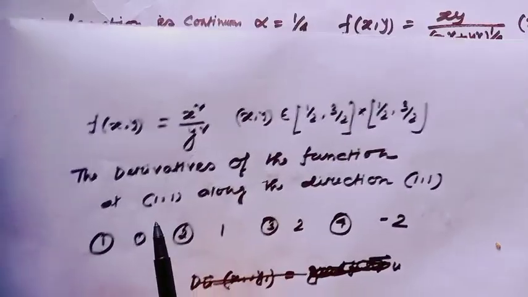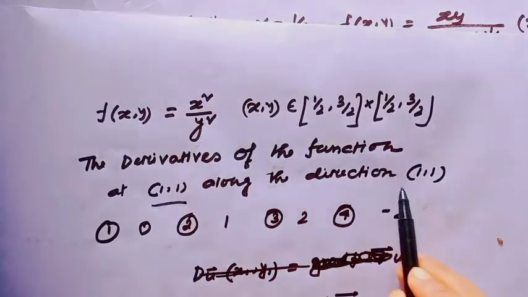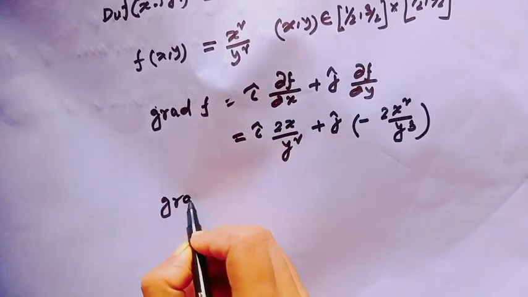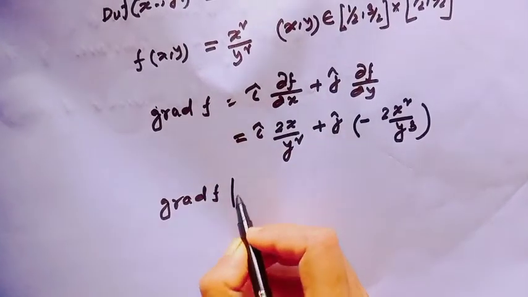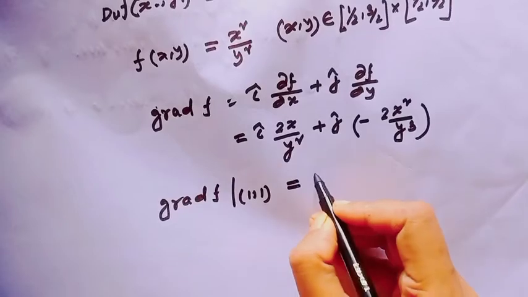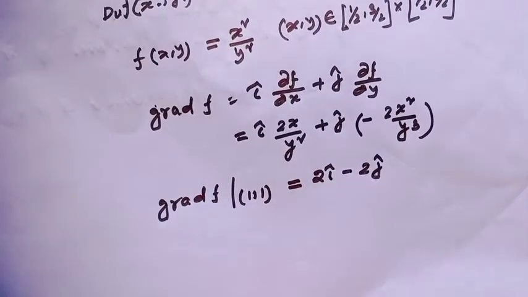The question asks for the directional derivative at the point (1,1) along the direction (1,1). Now we have to find the gradient of f at the point (1,1). Then this value would be 2i - 2j.